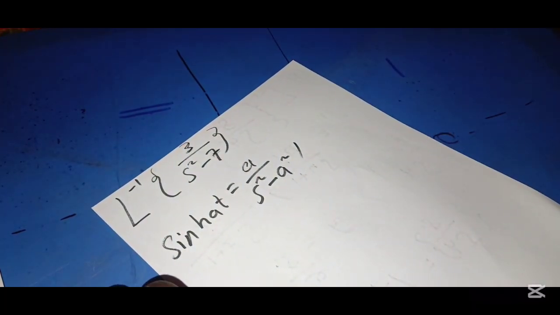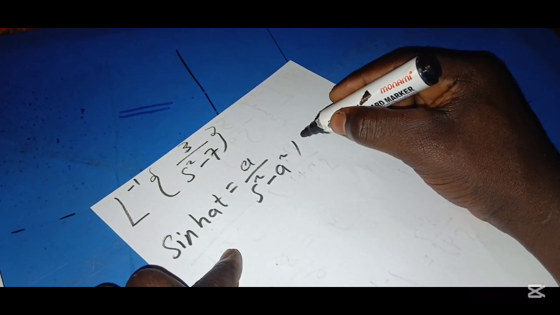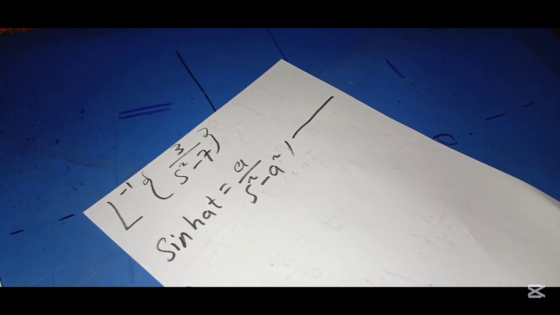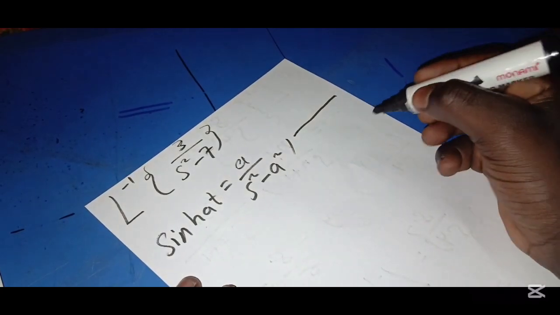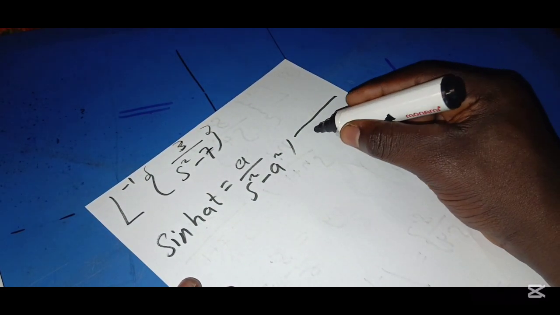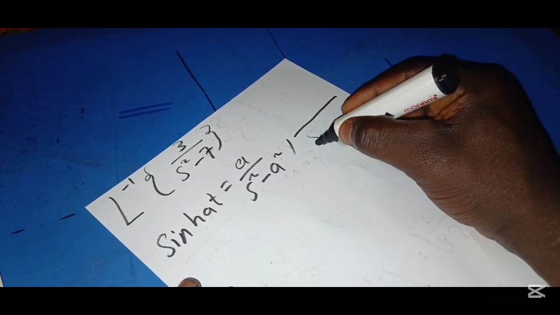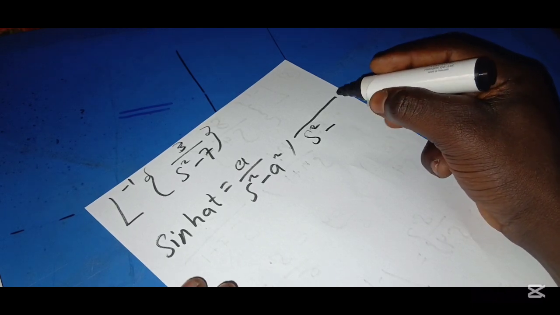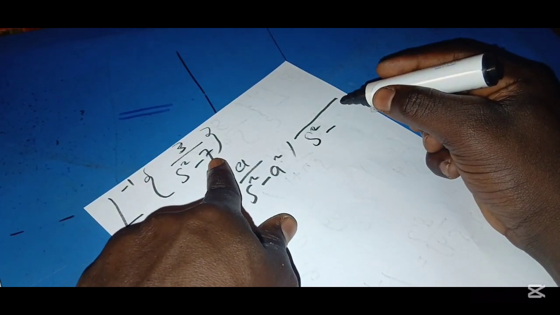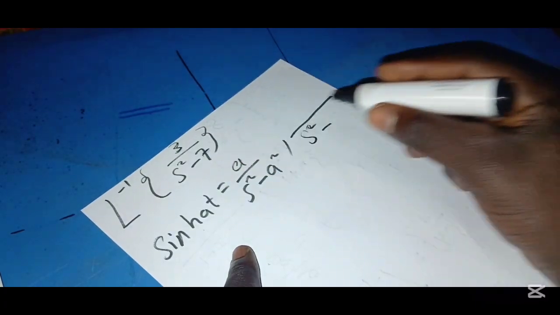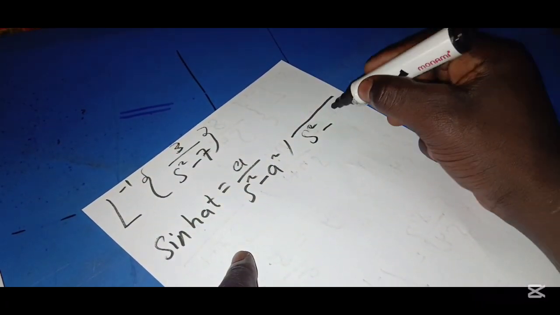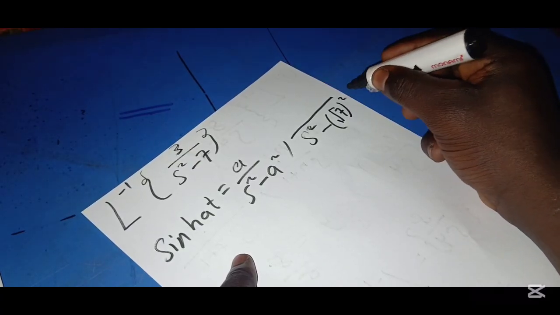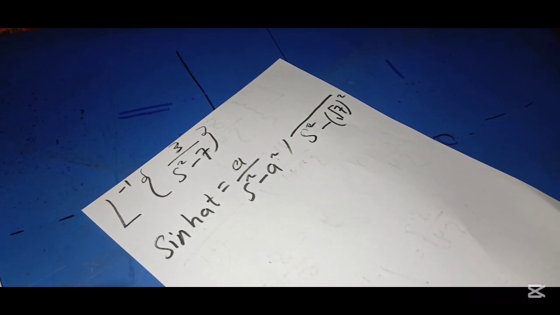So now let's analyze our problem. Denominator first. So now it means that our denominator is supposed to be s squared minus a squared. And in this case we are having 7 here, right? So what squared will give us 7? You could see that if we have square root of 7 squared, it gives us 7, right?